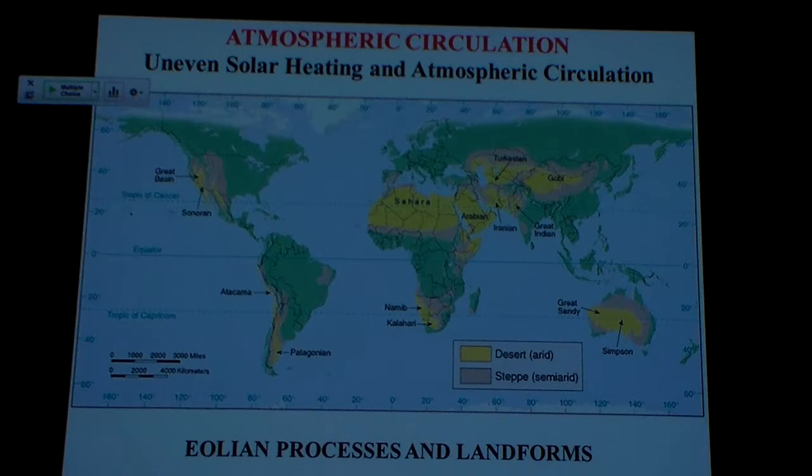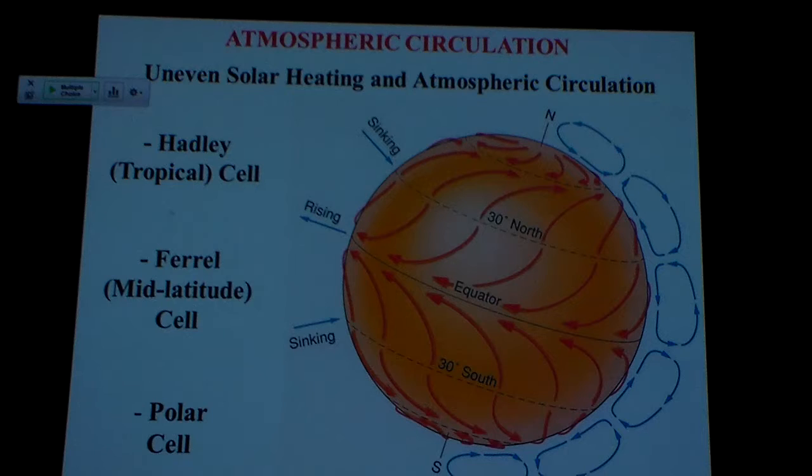Okay. Oops. Let's go back. But now we have this other little complicated part, this Coriolis effect we talked about, the spinning on Earth's axis. Does our weather come from the south or the north, or does it predominantly come from the east or the west? Where does it come from? Mostly from the west, huh?